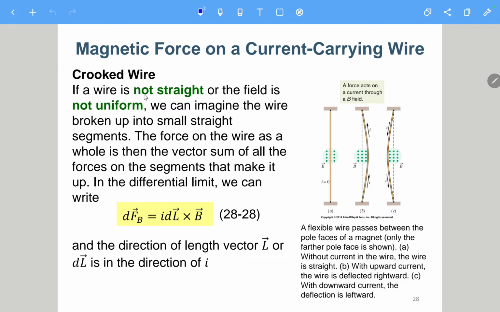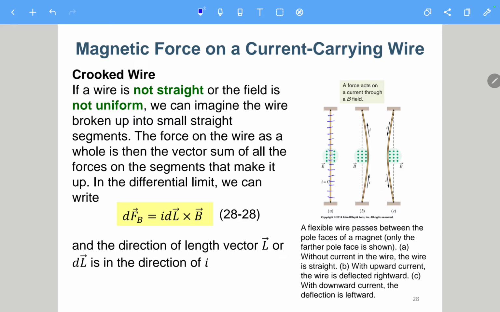So it says if the wire is not straight or the field is not uniform, we can imagine the wire broken up into small straight segments. So if it is not straight or the B field is not uniform, then we just need to cut the wire into many small segments.